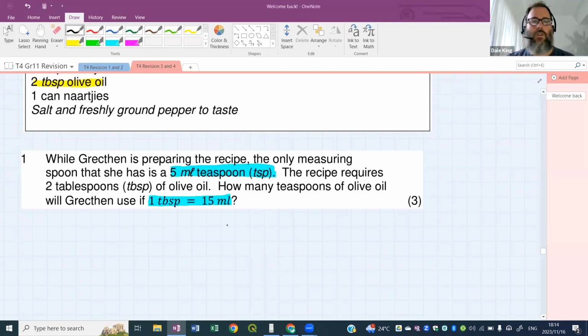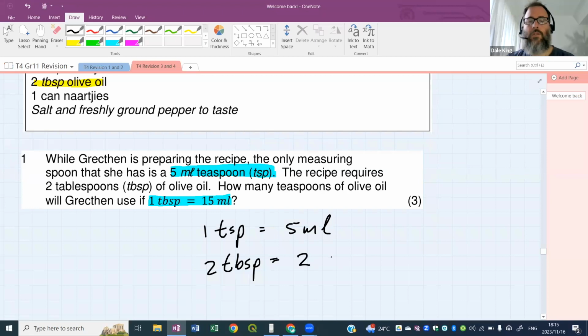We know that 1 teaspoon is 5 milliliters, but we have 2 tablespoons. And we know that 1 tablespoon, like it says there, is 15 milliliters.